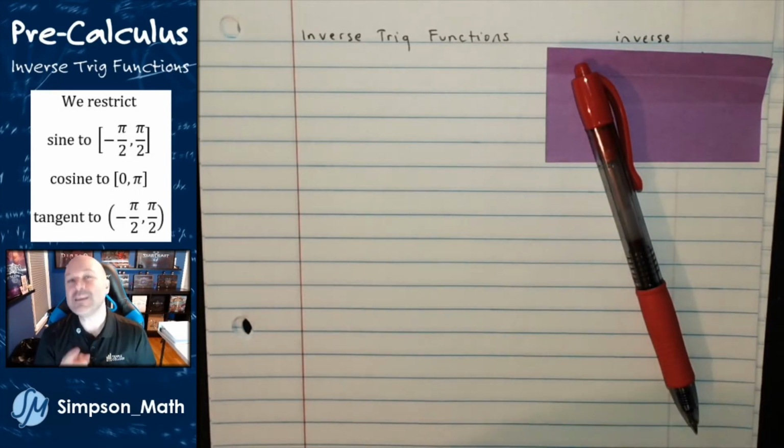What is an inverse function? There's lots of possible answers here, lots of ways to talk about inverse functions. My favorite is the fact that inputs and outputs are interchanged in an inverse function.